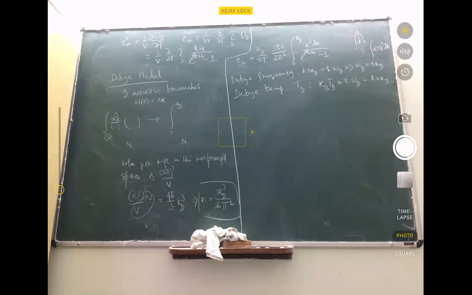So that's how this is treated within the Debye model. The important approximation is that everywhere the dispersion is taken to be linear, and the radius of the sphere is adjusted correspondingly. Okay, so with that, let us see how we can calculate CV and what we get out of it.